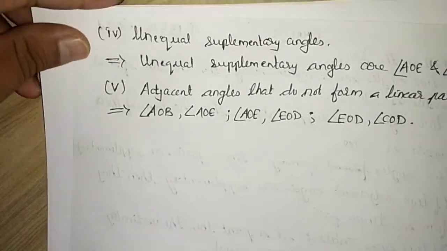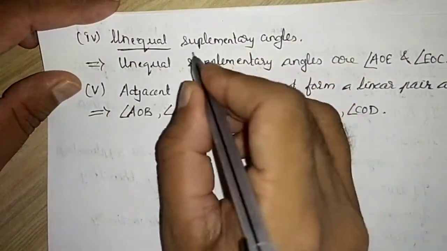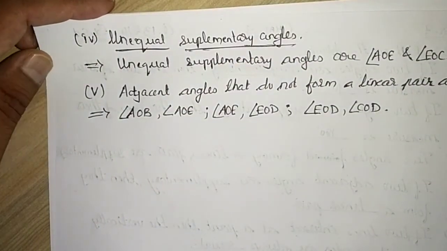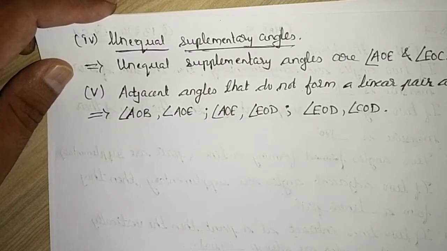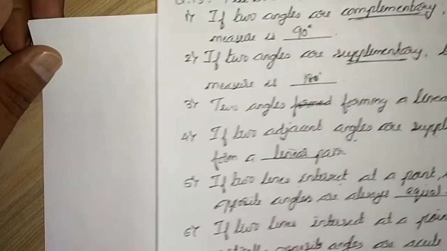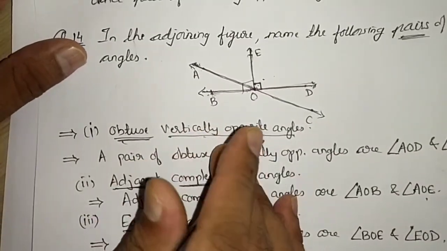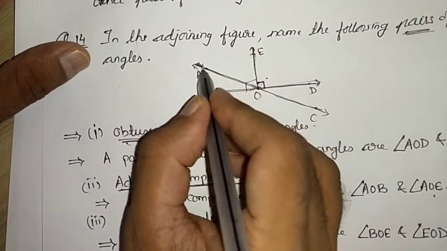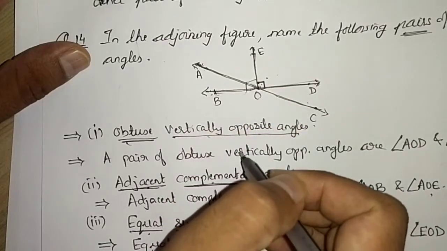Moving to fourth part. They are saying the angles must be unequal and also form supplementary angles. That means a pair of angles that are not equal in measure, but form supplementary angles. Let us see this in the figure. Let me take AOE and EOC.